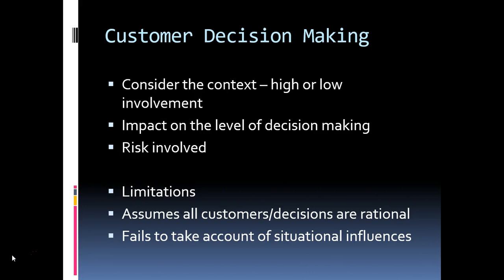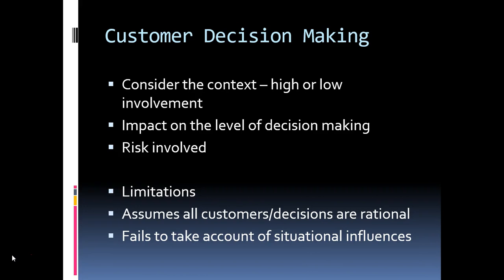But we also need to recognise that this process has its limitations. It fundamentally assumes that every decision we make is rational, and that we go through a really logical process step by step. It's not taking account of possible emotional influences, or of when we behave irrationally as consumers and don't buy the obvious best choice.